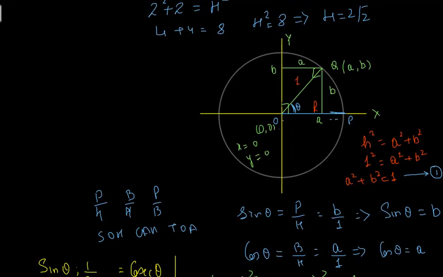Let's assume the radius of the circle was, instead of 1, 2.